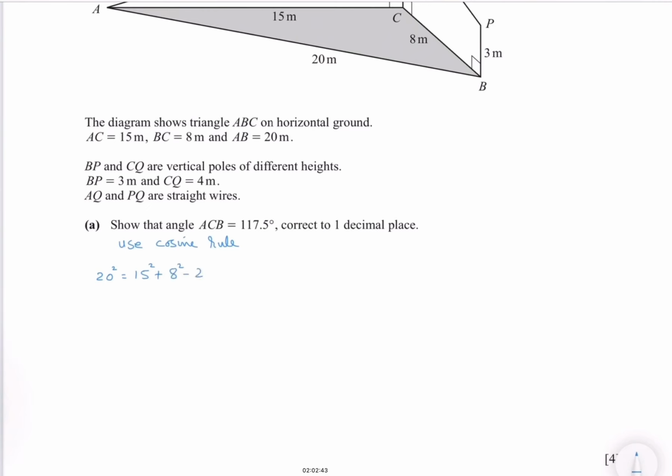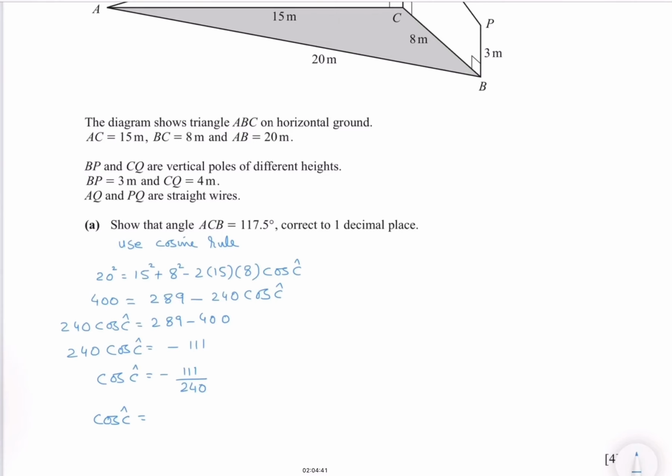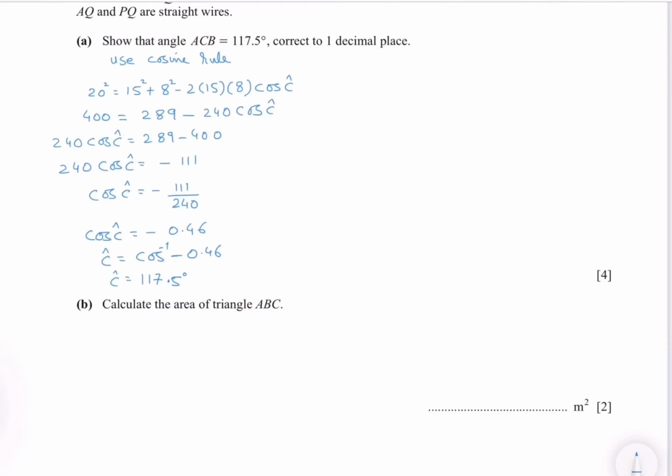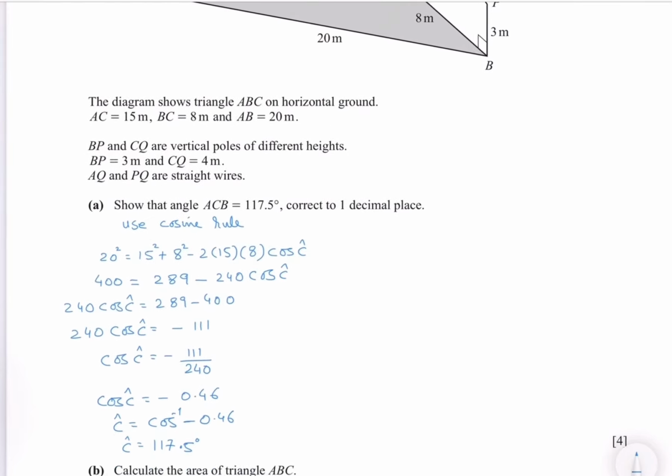So 20 square equals 15 square plus 8 square minus 2 into 15 into 8 into cos of C. From here you can find out the angle C. This is cos inverse of negative 0.46, and you will see the answer is 117.5, which is shown.